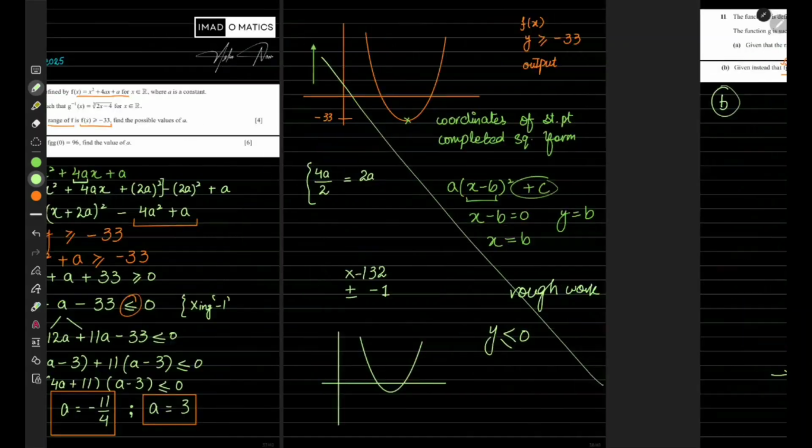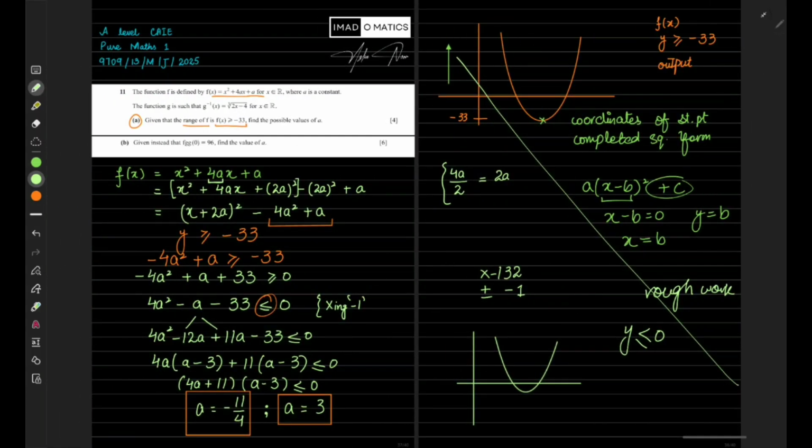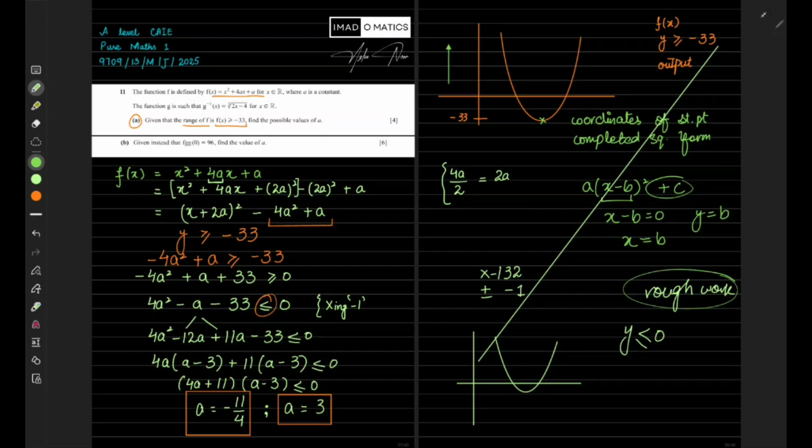Okay, let's recap this question. This question says that we have a function defined by this, and g inverse is given, and we need to find the range of f.